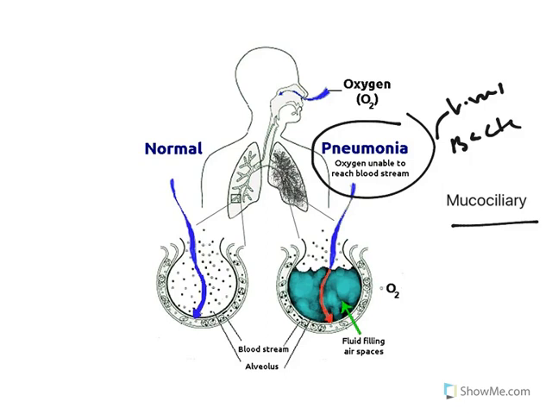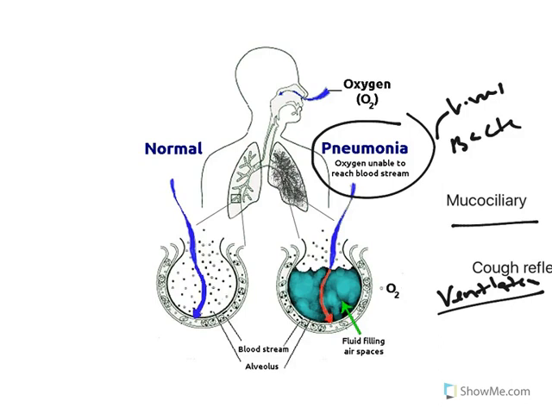Another problem is patients who cannot cough normally, like patients on a ventilator. Those patients cannot cough. Patients in coma or under anesthesia cannot cough.